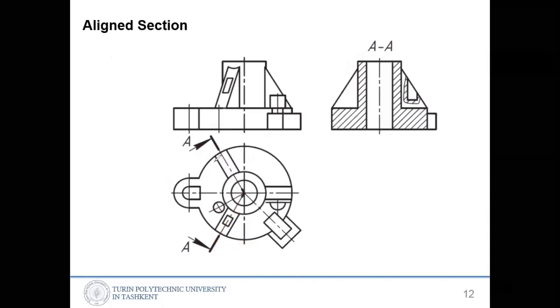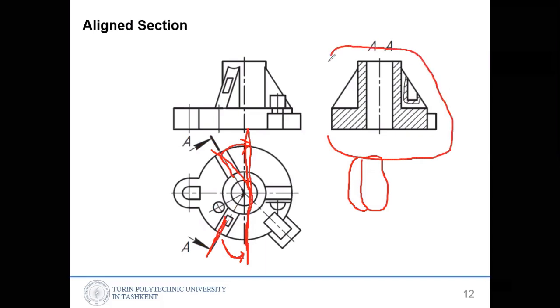It's not that what you see here is drawn like this, and then what is behind. It's not like that. What you see here is rotated until this one plane, okay, one line, and that is also rotated, and this one is rotated until here, and then what you see is shown here. So that is called aligned section.